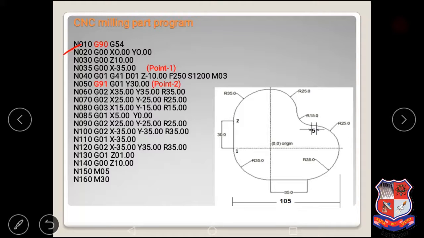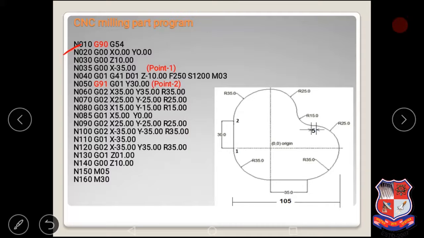But as per the experience of many experts, it is always better to use absolute programming with diameter programming for simple geometry, and incremental is better when the geometry is complex. But that is not a thumb rule. The programmer can change the programming mode whenever he wants. That is not a standard rule. He can use G90 or G91.